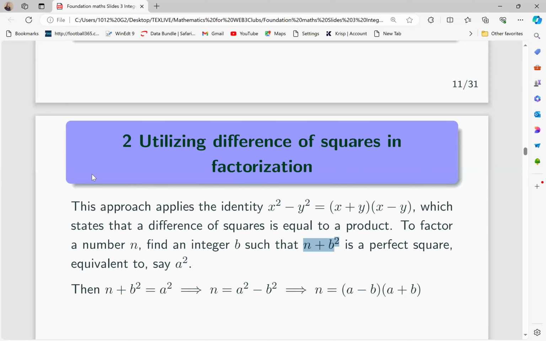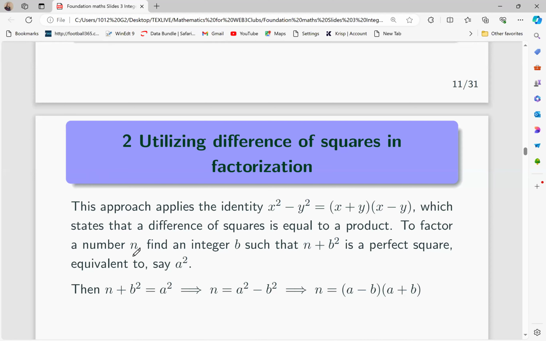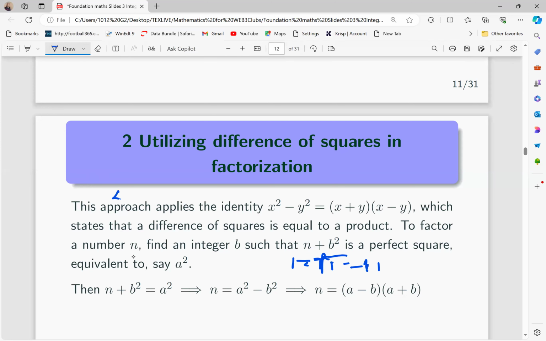You know what a perfect square is? We say a number is a perfect square if we can obtain its square root as a whole number. For instance, 1 is a perfect square because its square root is plus or minus 1. 4 is also a perfect square because its square root is plus or minus 2. 3 is not a perfect square because its square root is not a whole number.